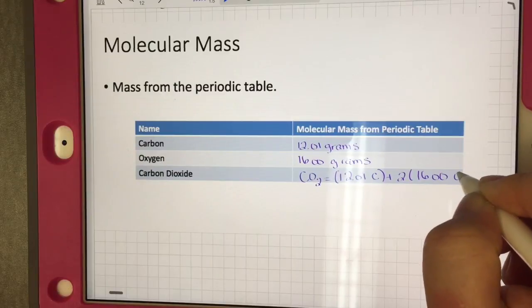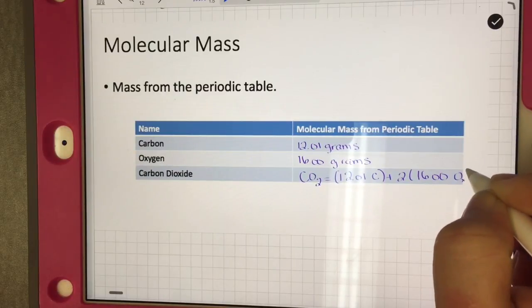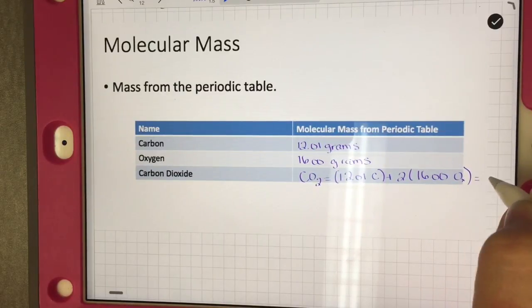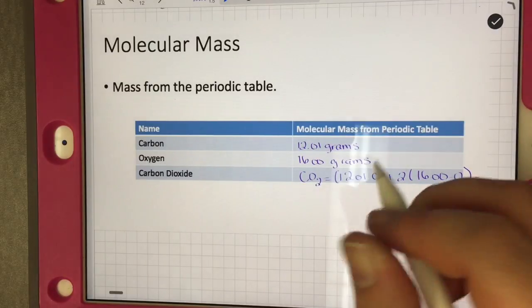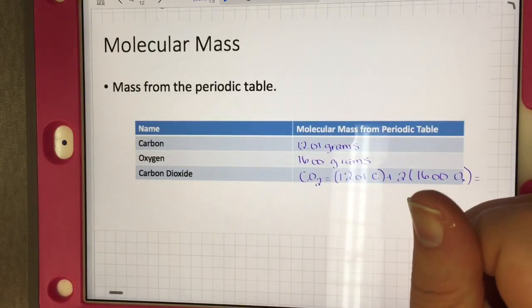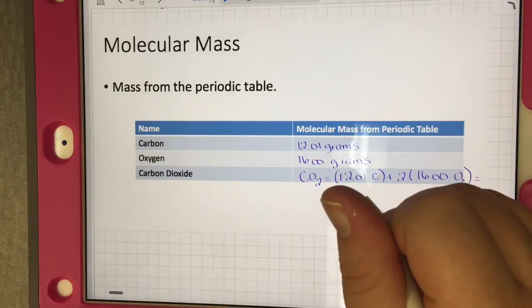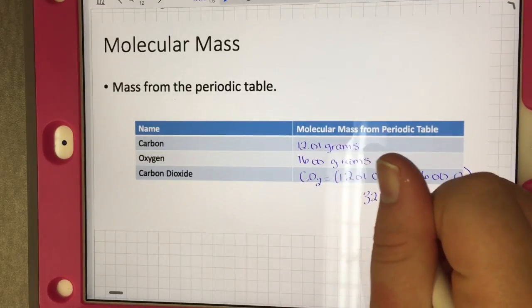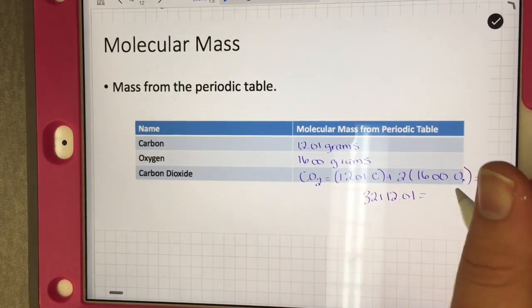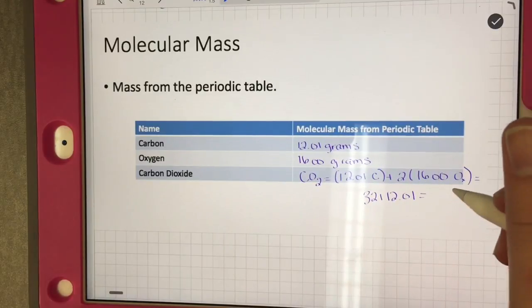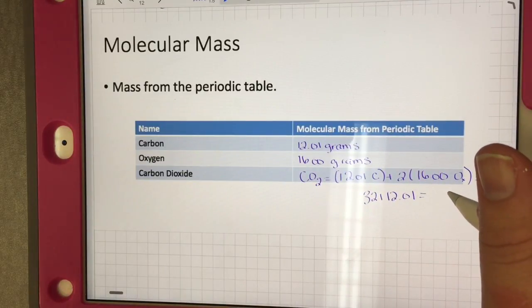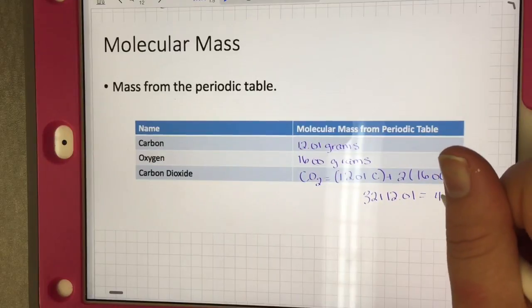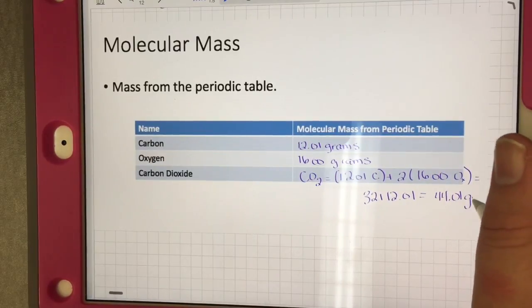I'm just going to write O for oxygen, so we know what that is. And so that's going to be 32 plus 12.01, which is going to be 44.01 grams.